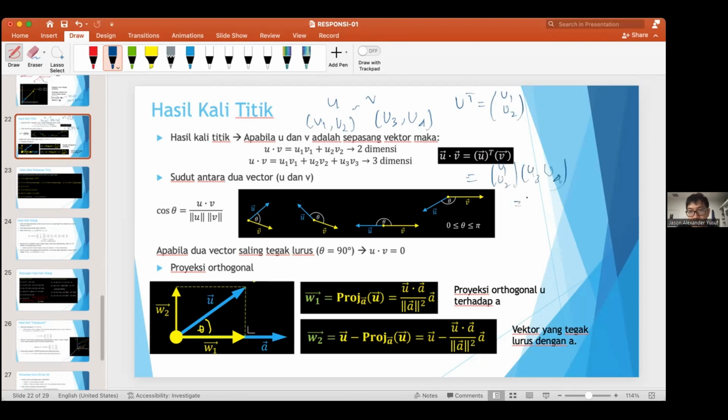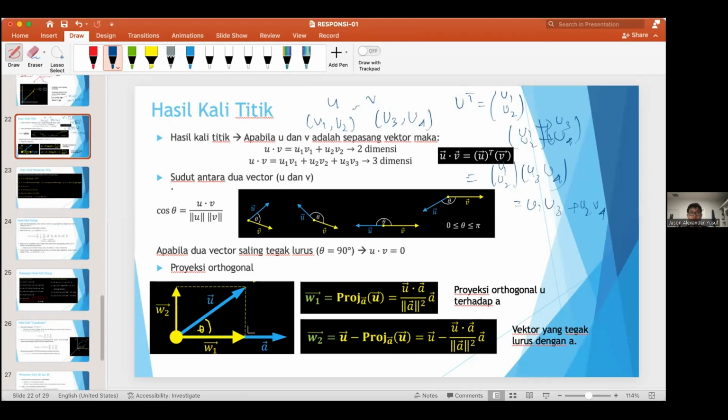If we multiply these two, it will lead to u1 u3 plus u2 u4. So this is the resulting calculation. Or to make it easy for you, I can just write u1, u2, u3, u4, and draw arrows like that. So it's u1 u3, u2 u4, just to make it simple.